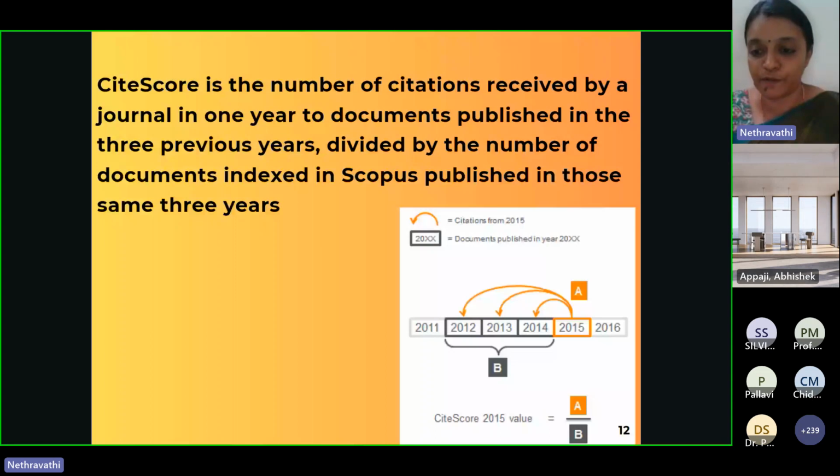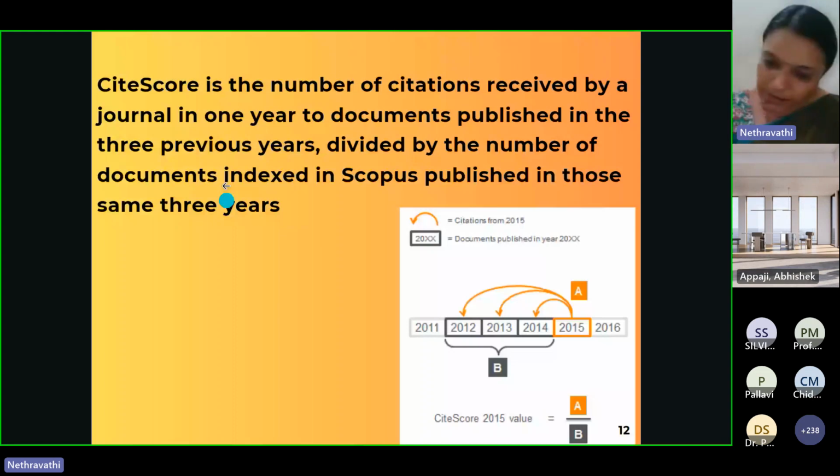The first major thing to note is that the journal impact factor was for Web of Science journals, and it was calculated by Clarivate Analytics. CiteScore is for Scopus indexed journals, calculated by Scopus. And what is the difference? You can see one formula here.